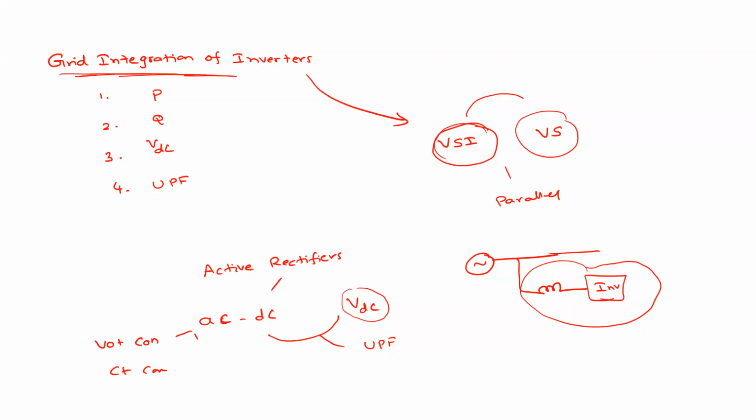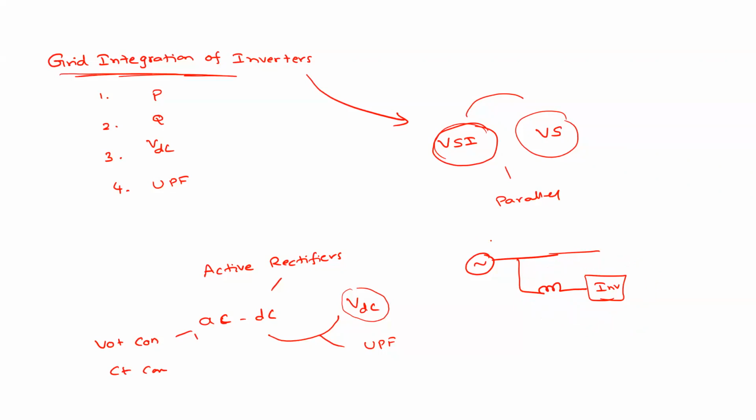Depending on the inductor value it may act as a current source, but here it acts as a practical voltage source. So this entire thing acts as a practical voltage source.